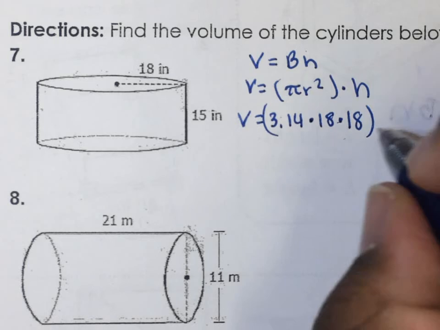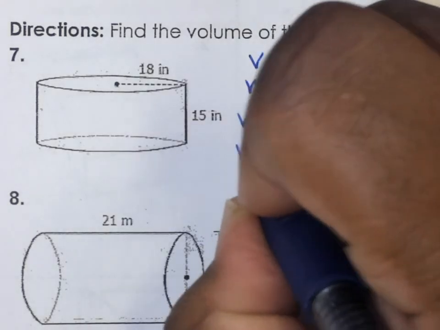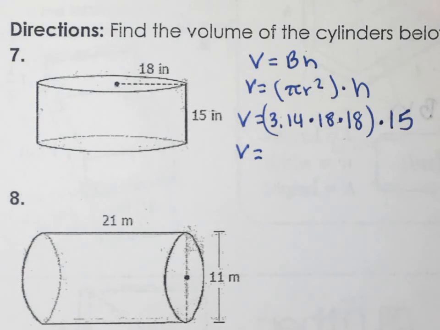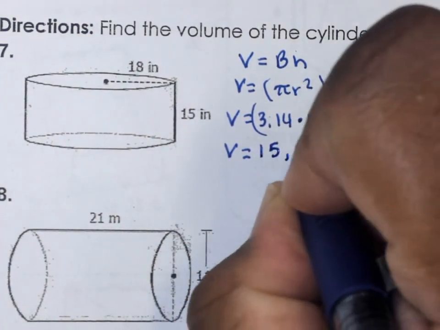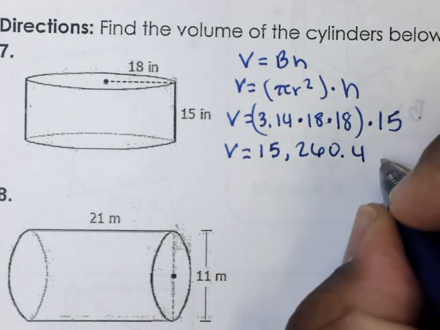And then the height of the actual cylinder, 15. 15,260.4. This is inches cubed.